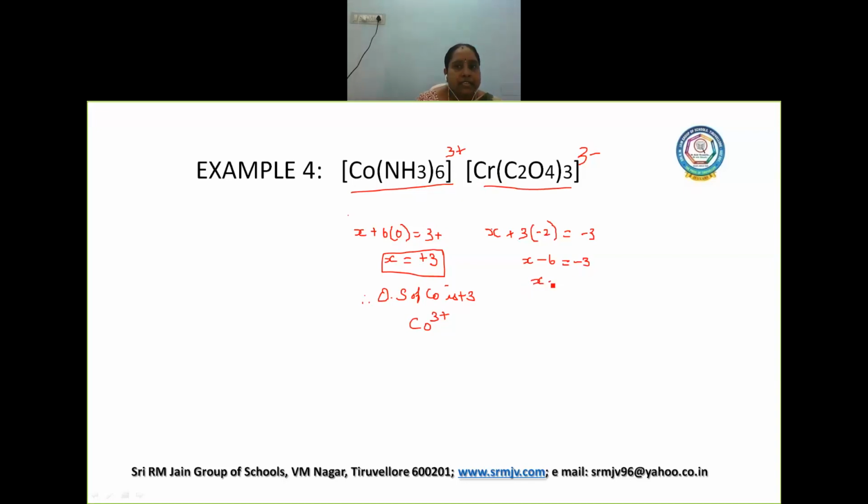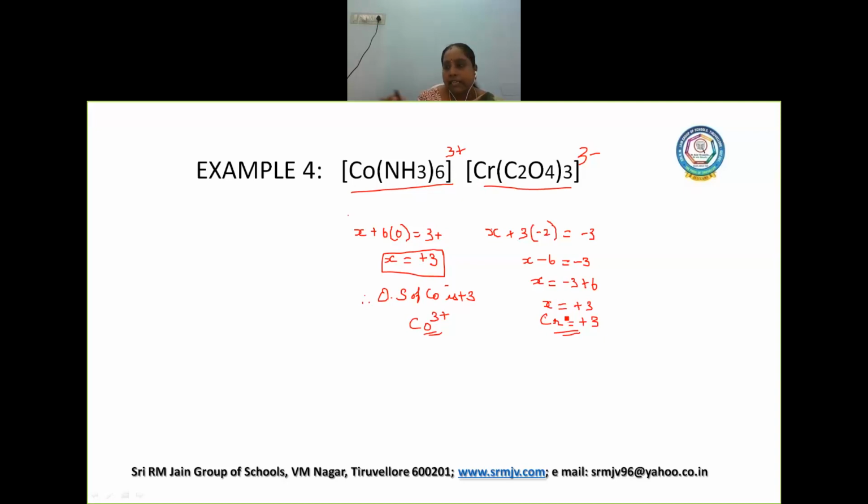X is equal to -3, when we bring that -6 to this side, it becomes +6. So X is equal to +3. Okay. So here also chromium oxidation state will be +3. So both are in the same oxidation state, cobalt as well as chromium. Okay, this one is also in +3 oxidation state, whereas chromium is also in +3 oxidation state.